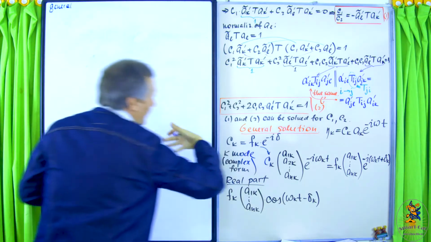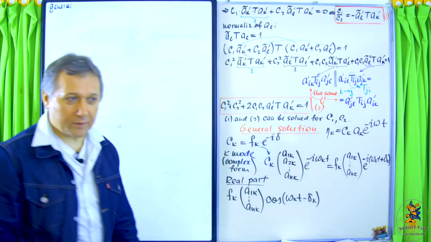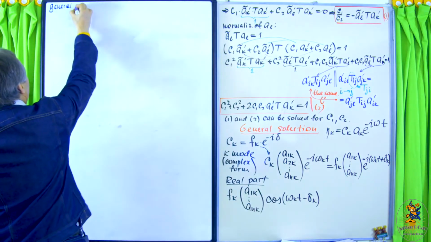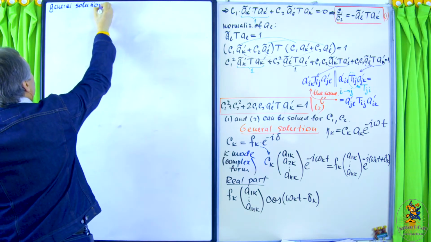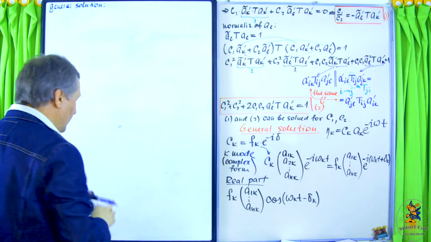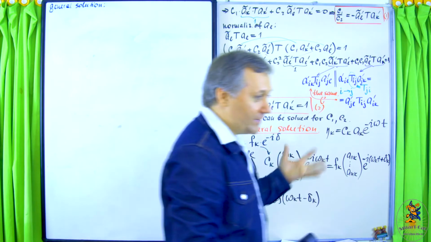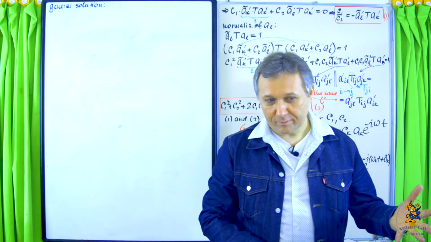So that's the title of the section. And now we're ready to write a general solution. Again, the general solution gives us displacements of all particles from the equilibrium.